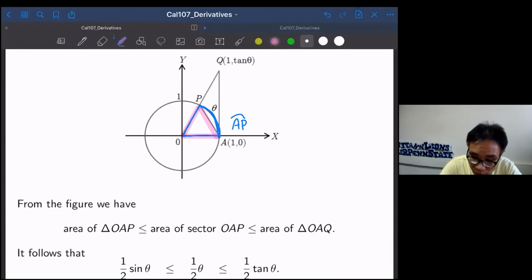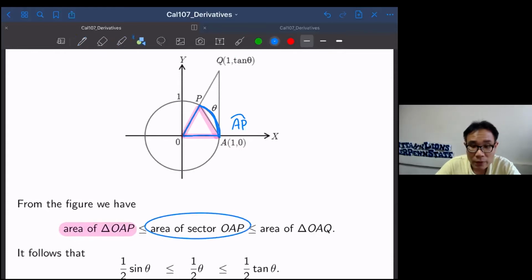In this case, I will highlight the area of OAP. From the picture, you see that the area of the pink triangle turns out to be less than or equal to the area of the sector OAP, which I'm going to circle in blue.